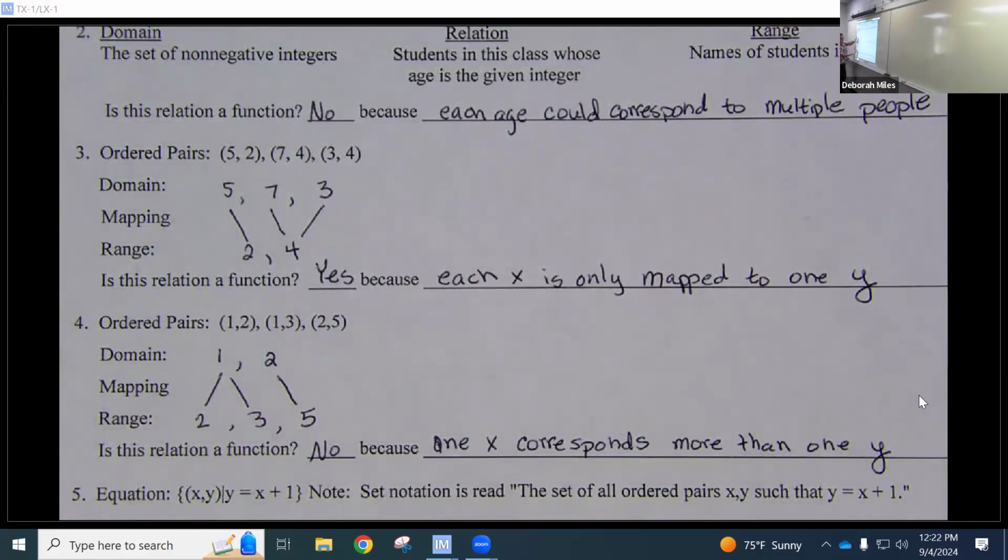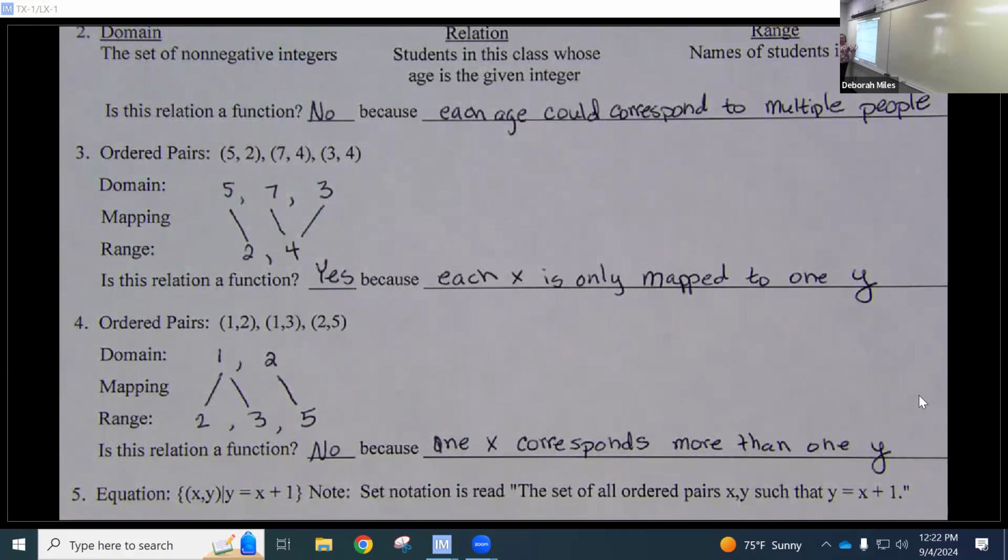Look at these two mappings and see if you can tell what makes this one a function, but this one is not a function. 7 only goes to one number, 3 only goes to one number. It doesn't matter, they go to the same number. The only stipulation in the definition of function is each x only goes to one y, which is the case here, but is not the case here.